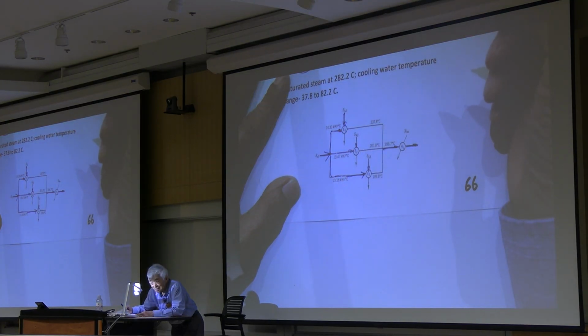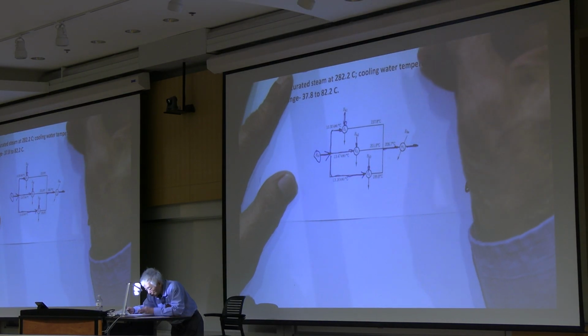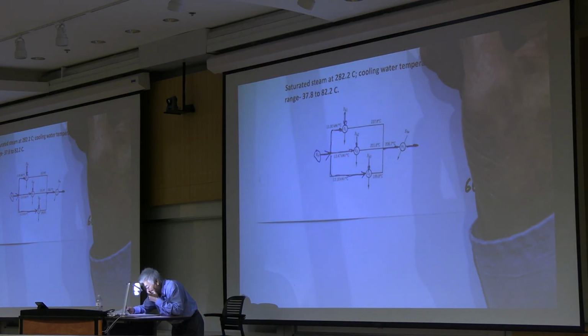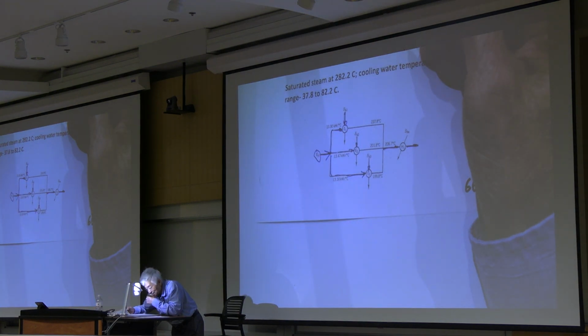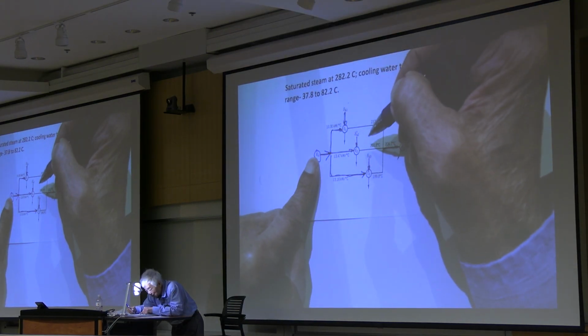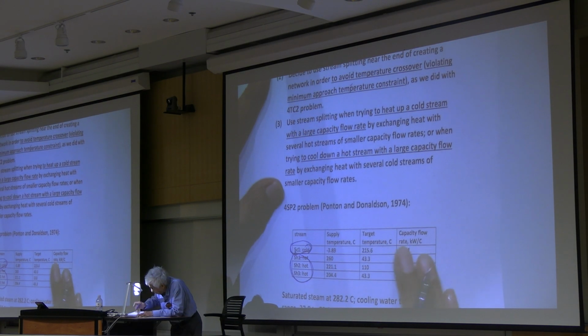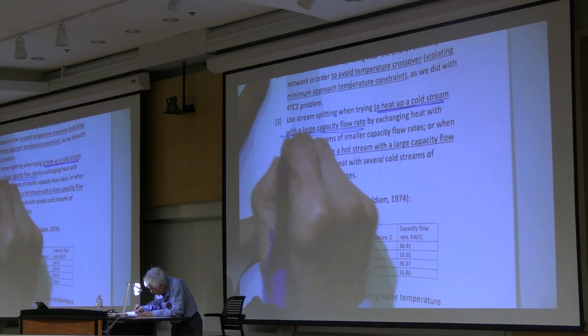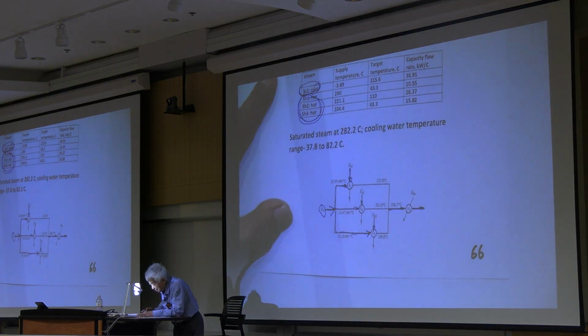Okay? When you have one cold, multiple hot, and this cold stream capacity flow rate, total flow rate, is larger than any of the hot stream. If this is a hot stream, those are cold stream, the similar situation. So, a cold stream with largest capacity flow rate, exchanging heat with multiple hot streams.